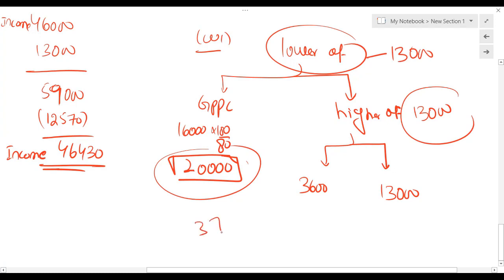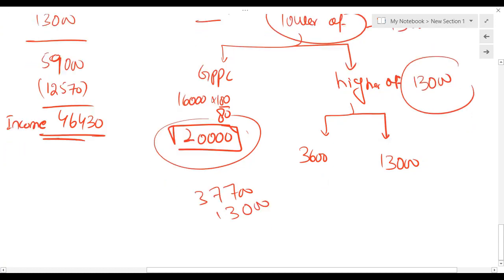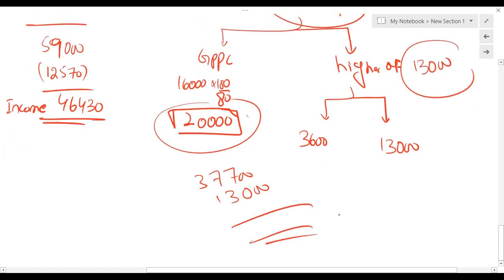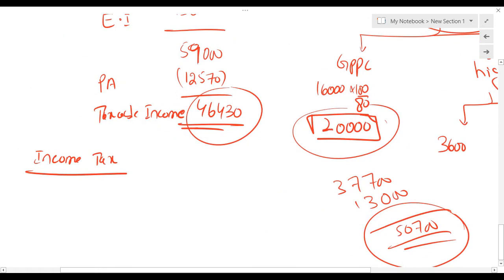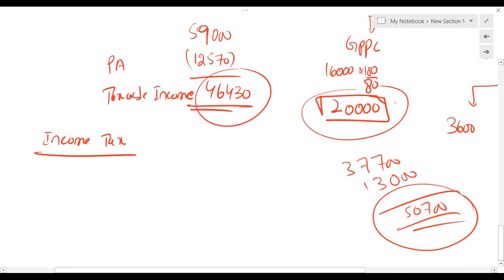So the limit is 37,700. It will increase by 13,000, which means it becomes 50,700. So we have taxable income 46,430. By having limit of 50,700, we can say the entire 46,430 falls in basic rate band.